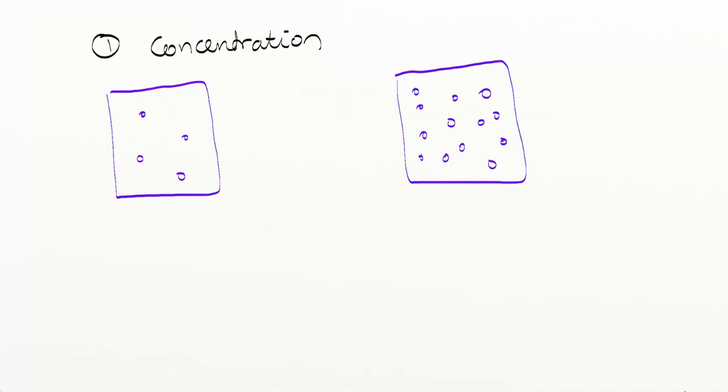The first one is concentration. If we have a low concentration container, such as the one on the left, and compare it to the high concentration container on the right, what do we see?